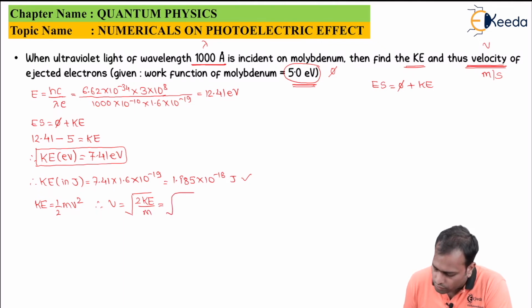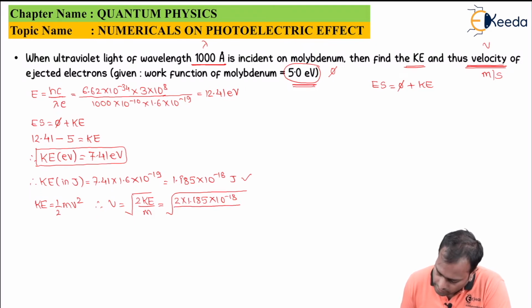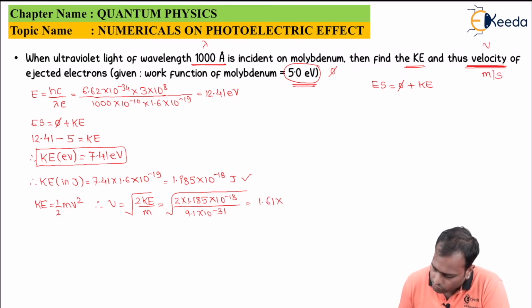Substituting the values, it's under root of twice the kinetic energy, that is 1.185 into 10 to the power minus 18, divided by mass, as mentioned earlier, that is 9.1 into 10 to the power minus 31. On solving this, you'll be getting the value as 1.61 into 10 raised to 6 meter per second. This is the velocity.